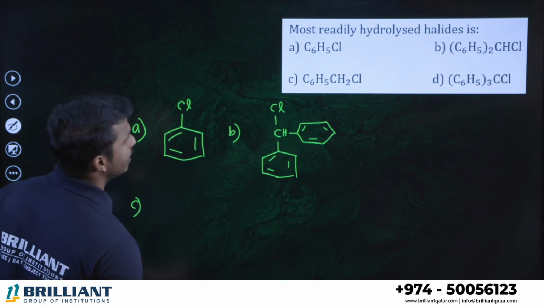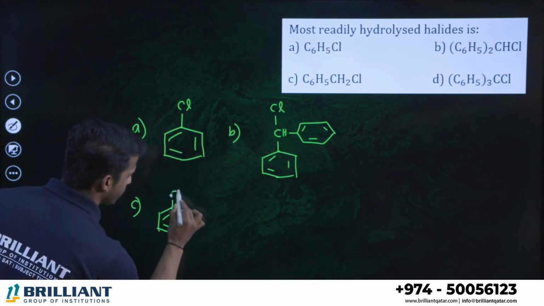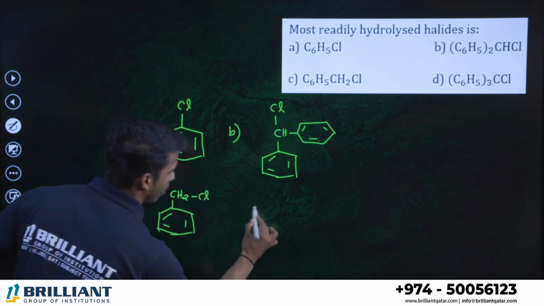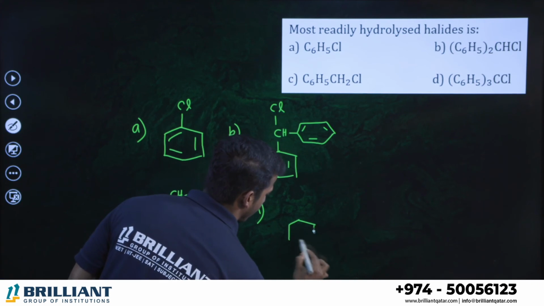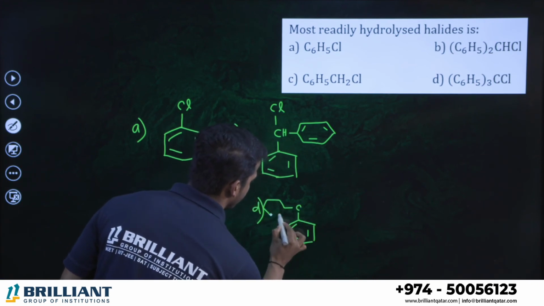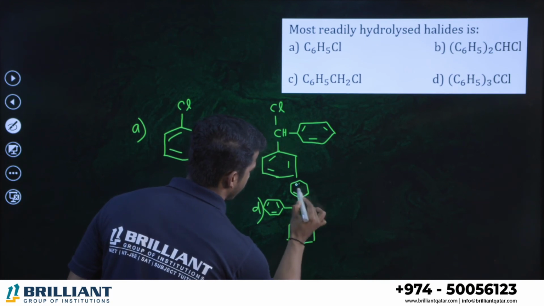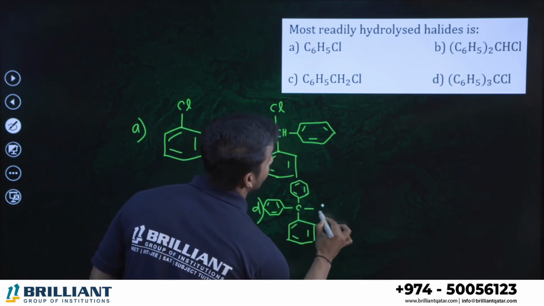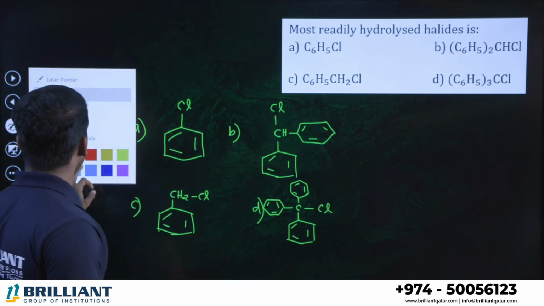Option C, C6H5CH2Cl, benzyl chloride. Option D, (C6H5)3CCl. There are three phenyl groups on this carbon, and then chlorine. This is the compound given; which will undergo SN1 reaction faster?